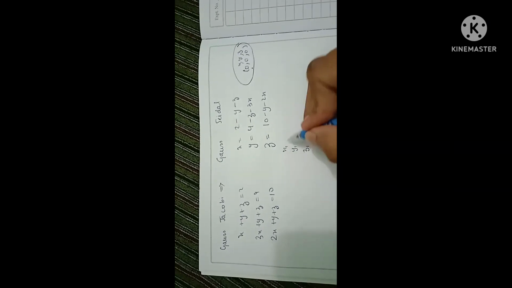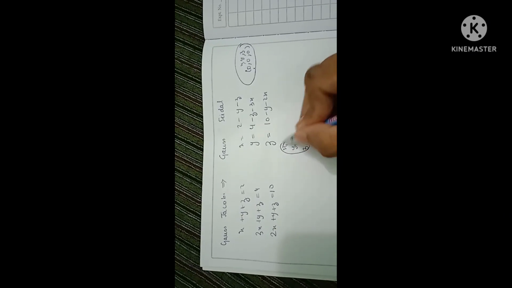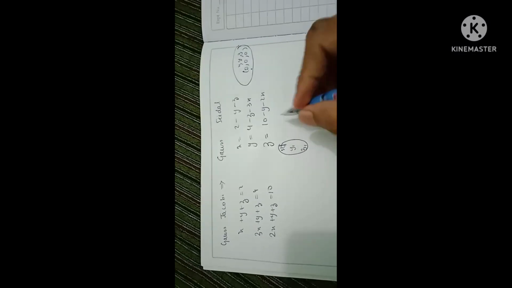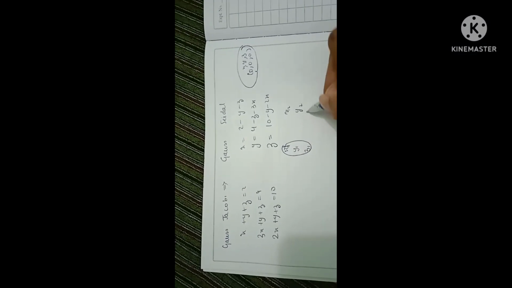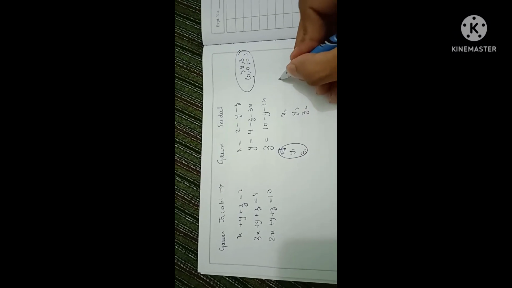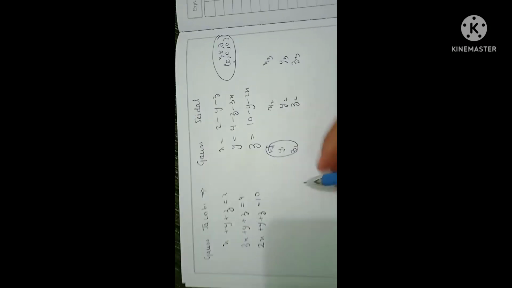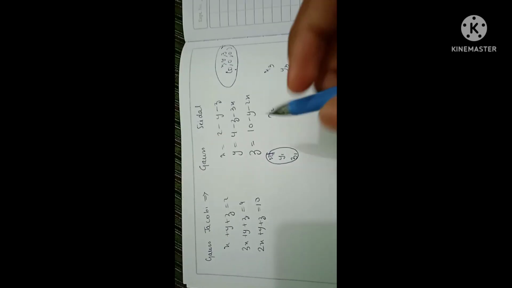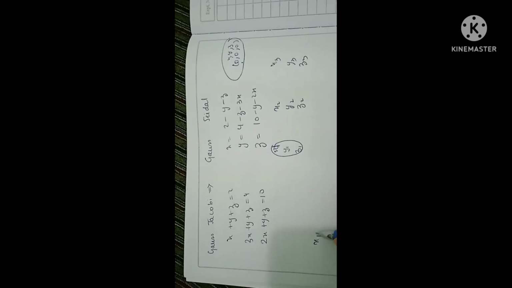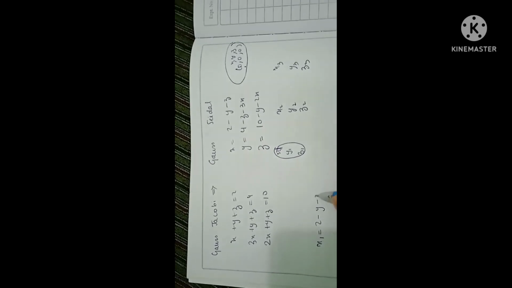In the next iteration, we will use these values as the initial condition and find the values of x2, y2, z2, and in the next one x3, y3 and z3. Simple. But now in Gauss Seidel, we notch this up a little bit. We write that x1 is equal to 2 minus y minus z.